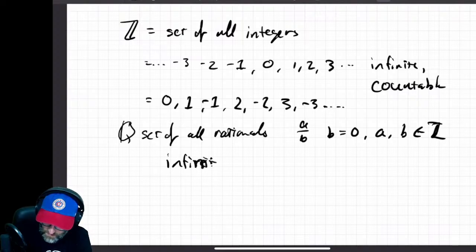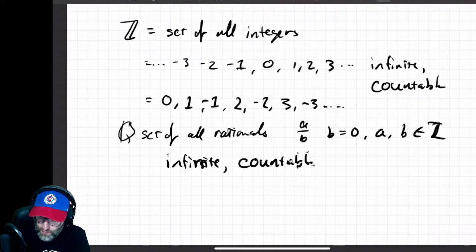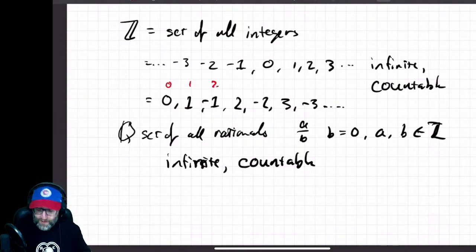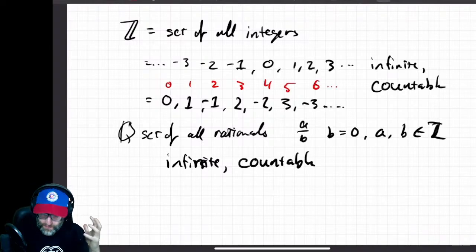What it means to be countable is simply that you can put it in this list. You can put it into a one-to-one correspondence with the natural numbers. 0, 1, 2, 3, 4, 5, 6, ... You can count them and never miss one, and it might take a very, very long time, but given a particular integer, you can say that it's in this list somewhere. Eventually you'll get to it.